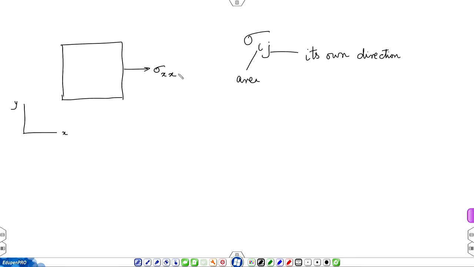Okay, it is acting on the x face in the x direction. But for this normal component we had used the term pressure, but that pressure was under hydrostatic conditions. So now the fluid is in motion. So it will not be just P, there could be other contributions arising from the flow field. So that is called sigma xx. So you expect sigma xx to become minus P under hydrostatic conditions.